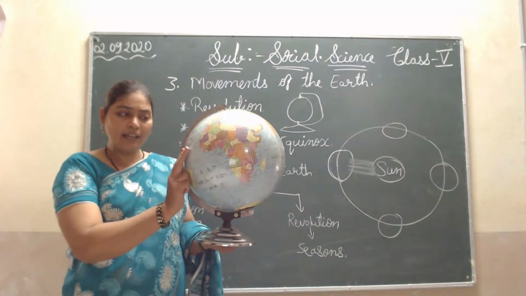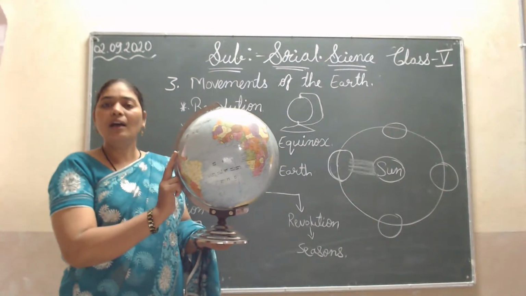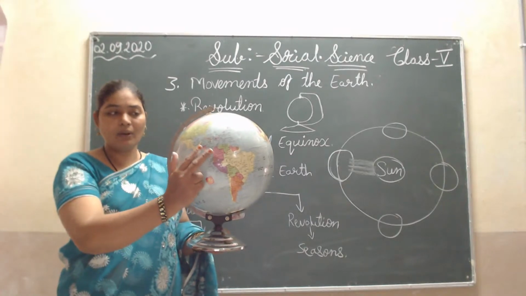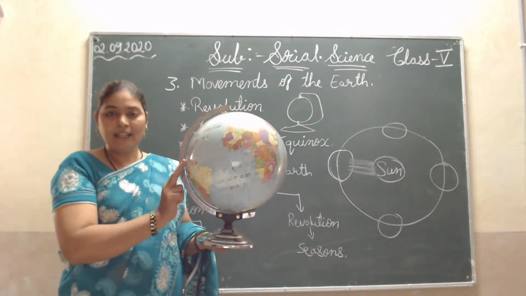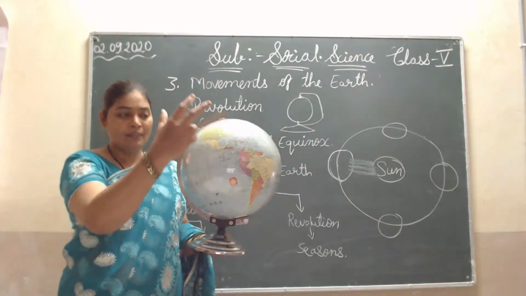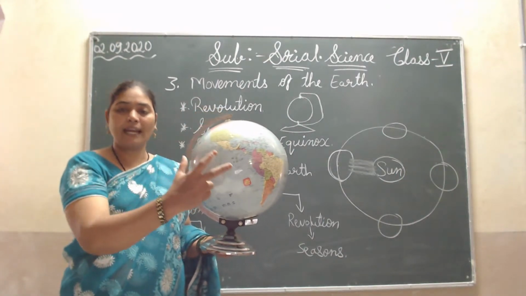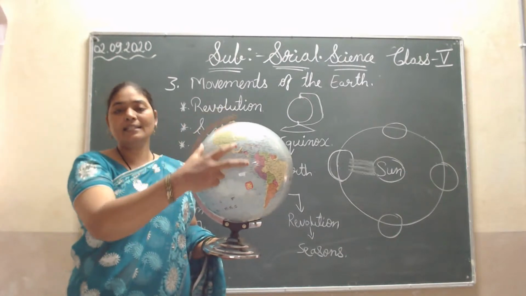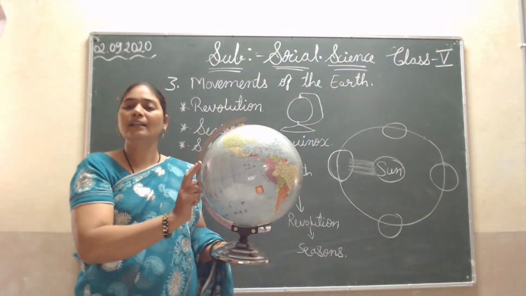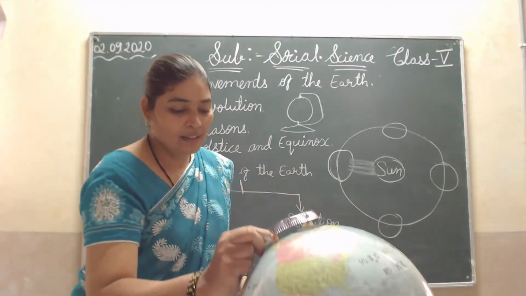Slowly it moves again, and winter goes and summer comes, because this part was before here and now comes here. Then the sun rays fall directly on this part, so it is hot, meaning summer. Then again here it is the winter season.